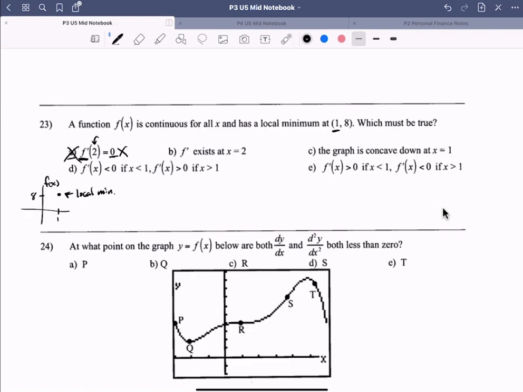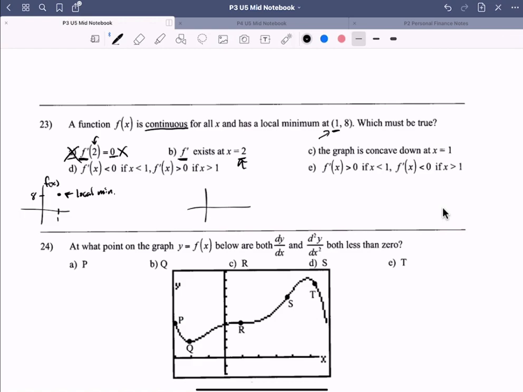B says f prime exists at x equals 2. Does f prime have to exist at x equals 2? Well, the local minimum has nothing to do with x equals 2. But the fact that the function is continuous might relate to what's happening right there. Must there be a slope at 2 if we are continuous?